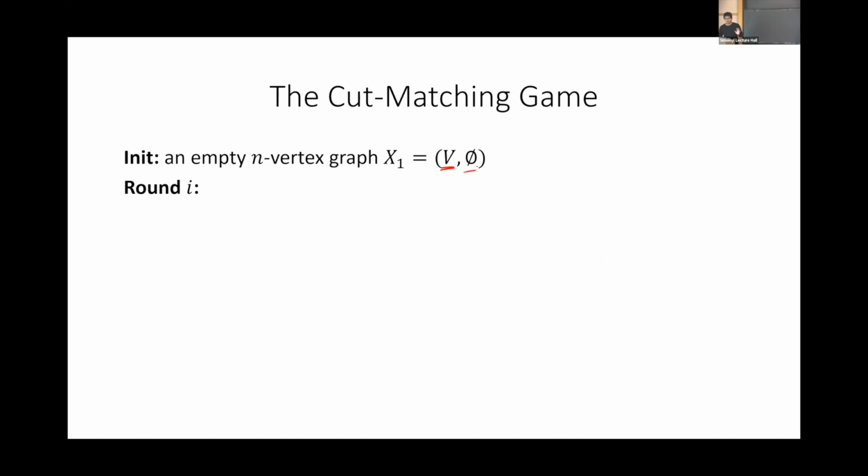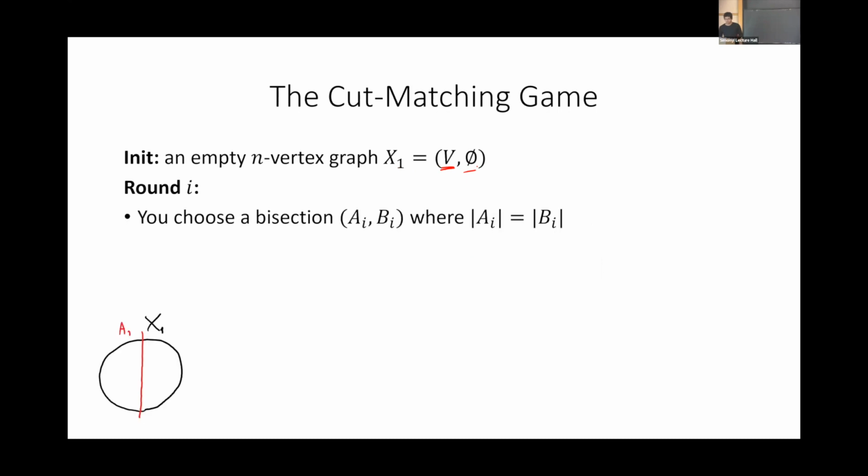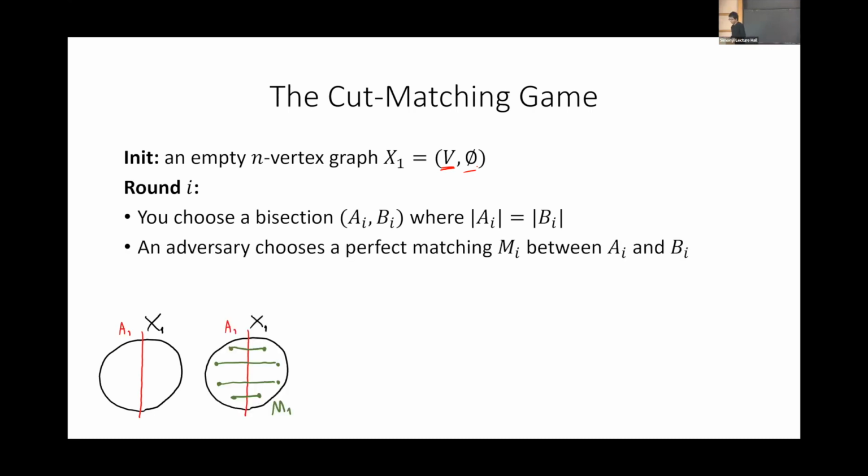Now, in each round, in round i, you choose a bisection of the graph, putting it into A_i and B_i, two parts with the same number of nodes. You choose a cut. And then some adversary chooses a perfect matching crossing this bisection.